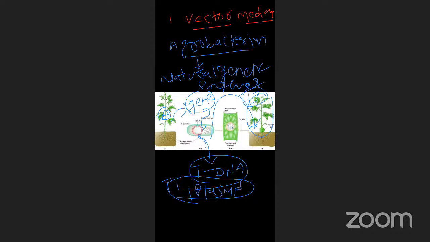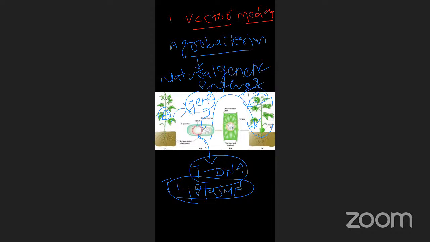Along with this group of cells, the rDNA containing agrobacterium also grows. Like this, a number of agrobacteria are formed. Actually, first one agrobacterium enters the plant. Later, due to the activity of cytokinin and auxins, it can produce a number of agrobacteria.